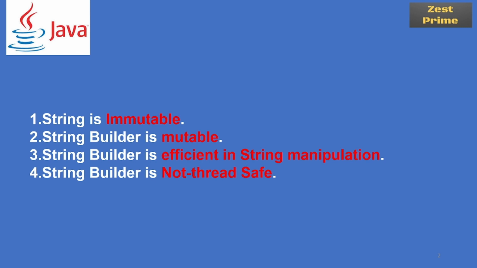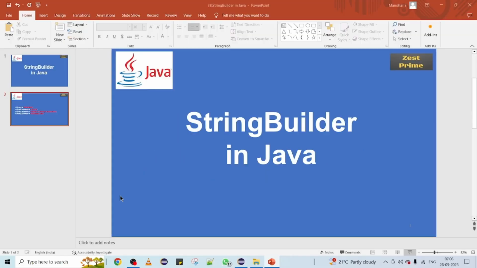When you are working in a multi-threaded environment, there might be a chance of data corruption, whereas StringBuffer is thread safe, which we have seen in the previous video. If you have not visited my video, I recommend you go and visit it once. So these are the four differences between String and StringBuilder. We will see these four implementations, how they really work, with an example. So let's get started.